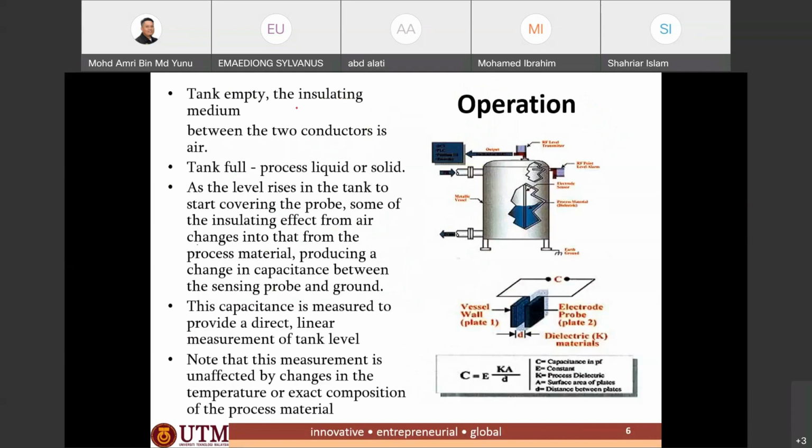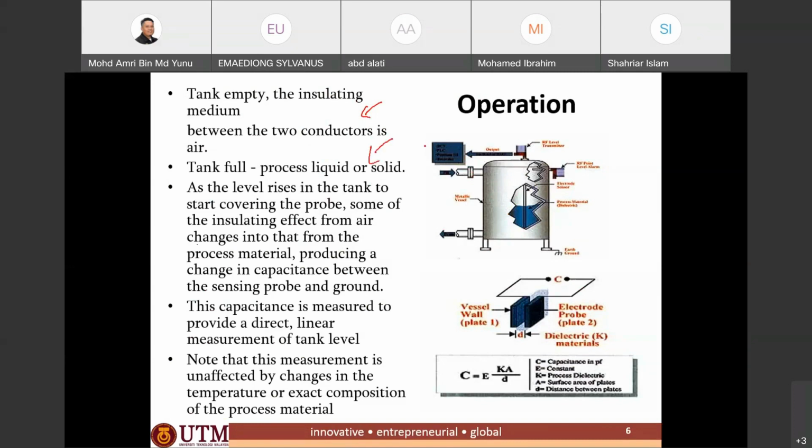If the tank is empty, the insulating medium between the electrode and the metallic vessel body will be air. But when the tank is full, the insulating medium is the liquid. In between, say half full, the capacitance comes from the air and also from the liquid.